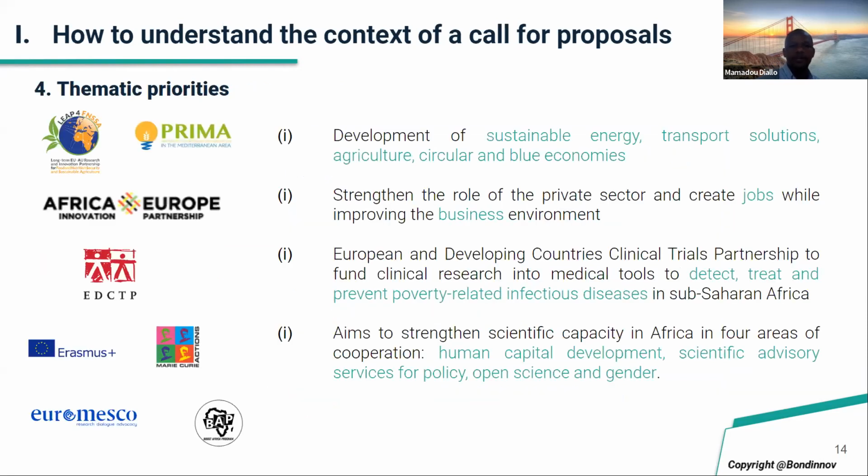So thematic priority, just during the presentation, one of our participants was asking what are the thematic priorities. So you see here, we talk about development of sustainable energy, support transport solution, agriculture, circulation, and blue economy. We talk also about, in this cooperation, European Union and African Union, these are some topics that are included in their collaboration.